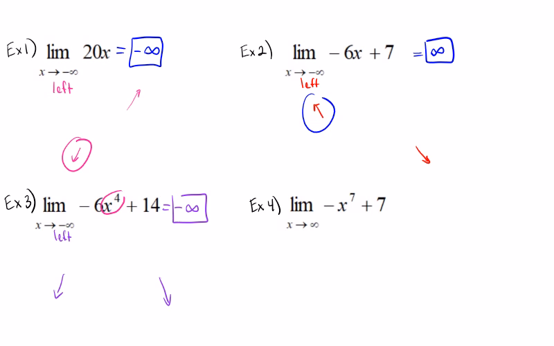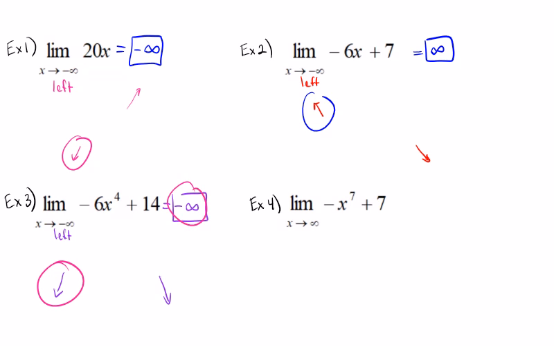So you'll end up having these positive numbers that get bigger and bigger after you've raised them to the fourth power, but then you're going to multiply those really large positive numbers by negative 6. So negative 6 times increasingly positive numbers is going to be decreasingly negative, or the numbers are going to get larger in the negative direction. So it's going to be that one, down forever, or negative infinity.